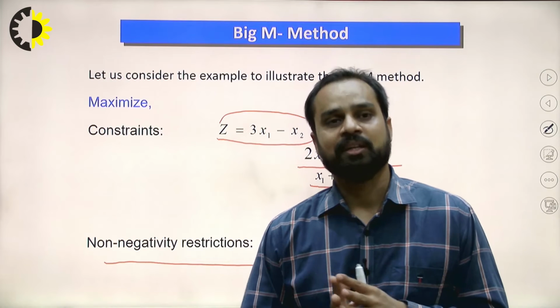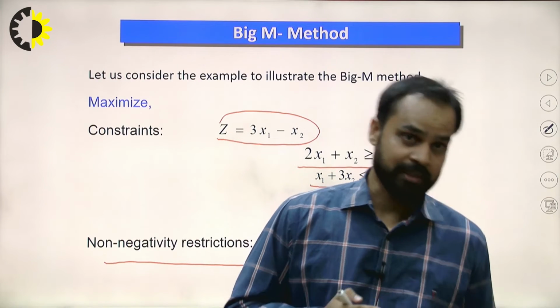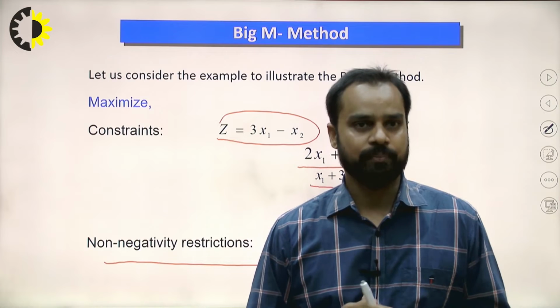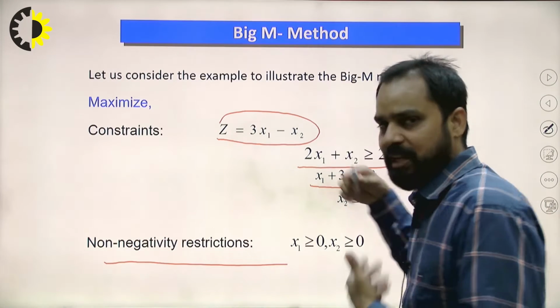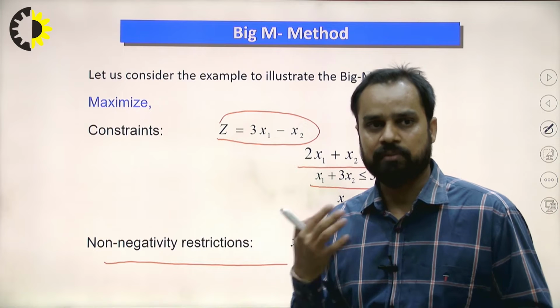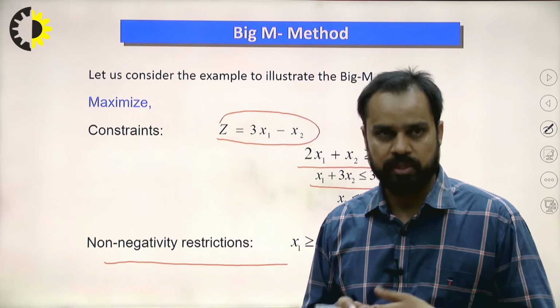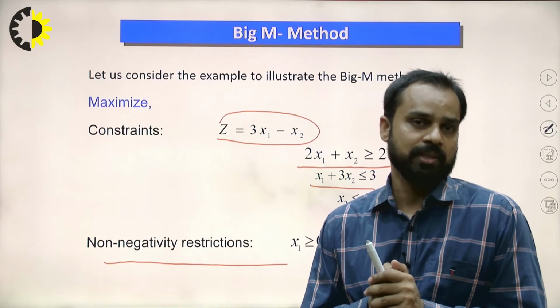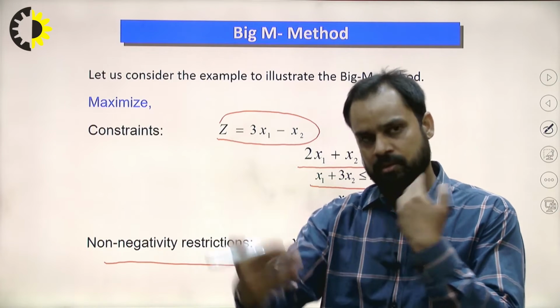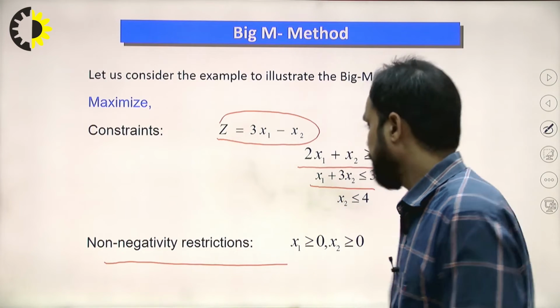So I am going to solve it with the simple simplex method and then look at what the difficulties are. We are unable to get the basic optimal solution, so then we have to move to the big M method. Then I will start the big M algorithm, right?